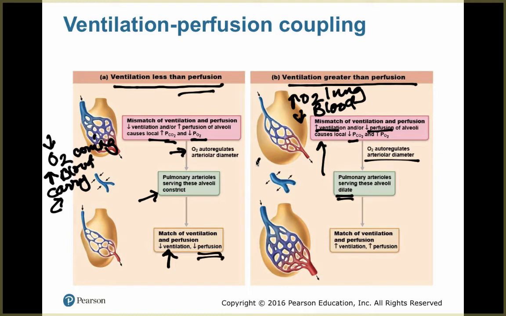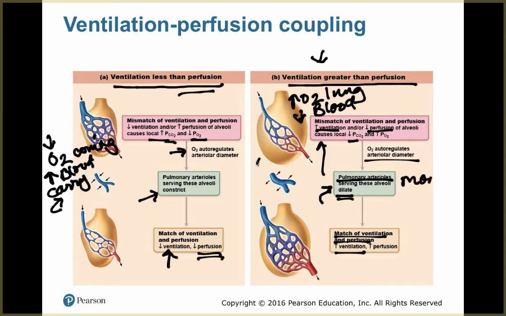I mean, the pulmonary arteries that are there will dilate, and this will allow the perfusion and ventilation to end up balancing out, because then essentially, because you have ventilation greater, you want more blood to be there, right?